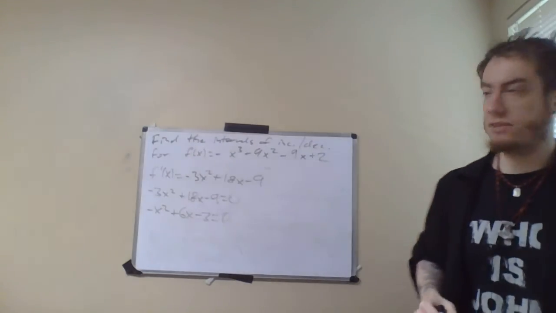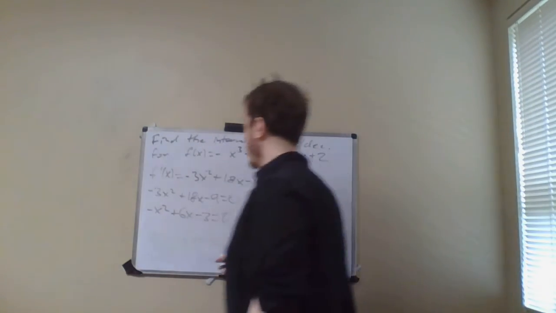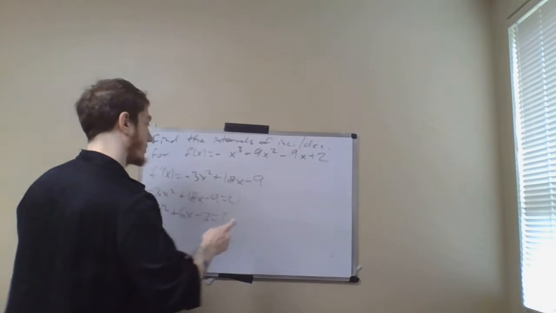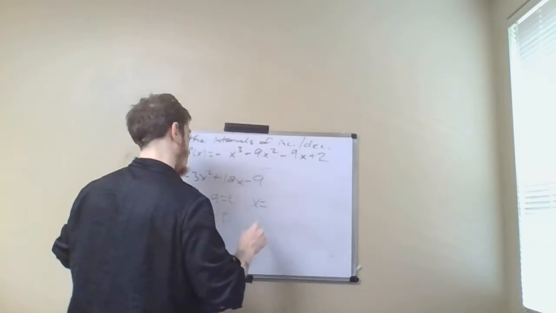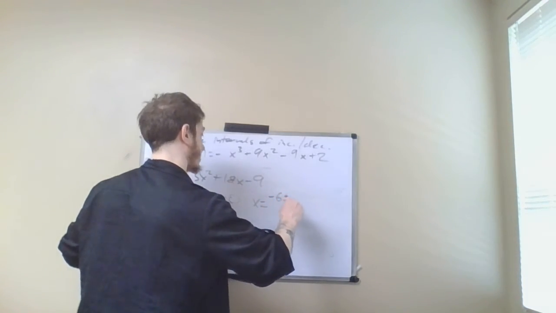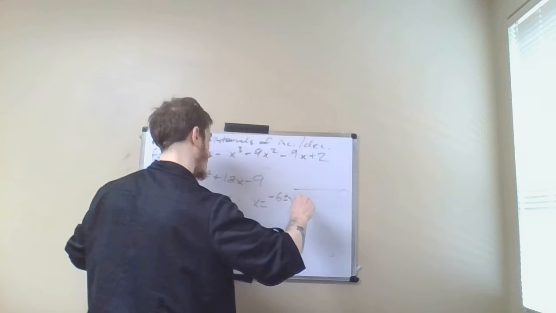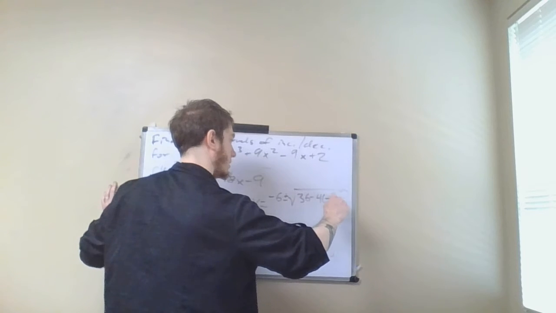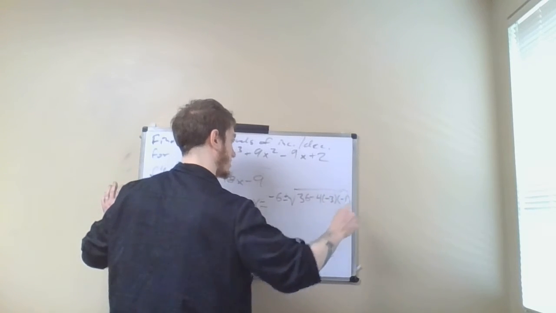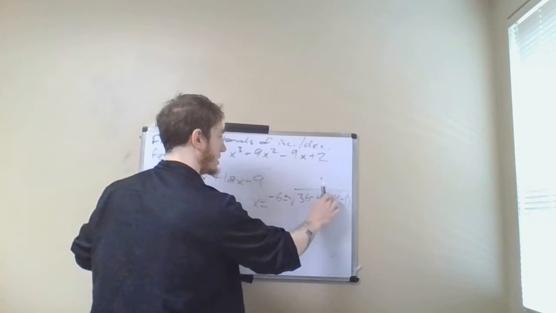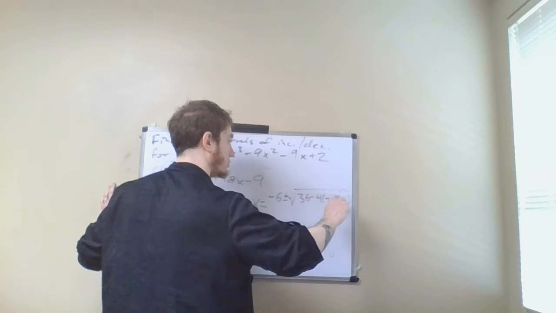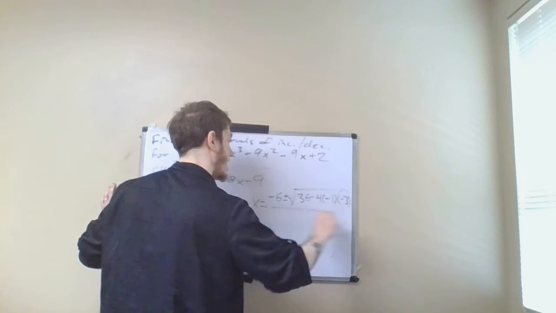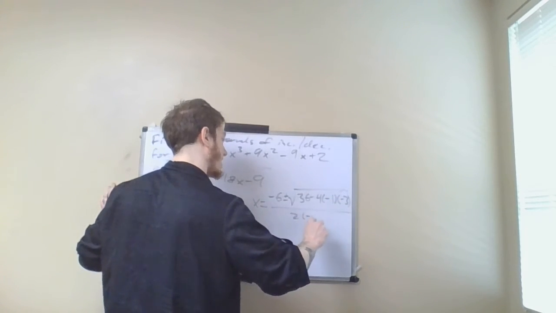Now, if I use the quadratic formula here, this is going to give me negative 6 plus or minus the square root of 36 minus 4 times minus 3 times minus 1. I don't know why I wrote it in that order. We'll put the a first as usual: minus 1 and minus 3. And then on the bottom, we've got 2 times minus 1.